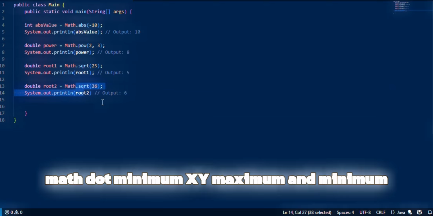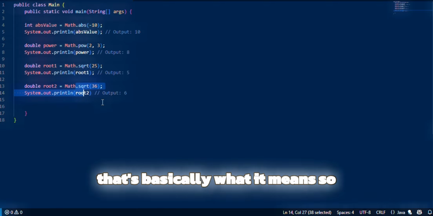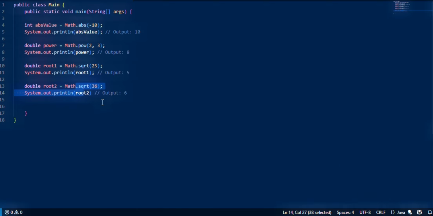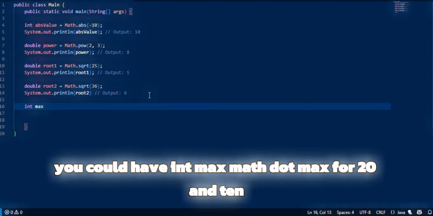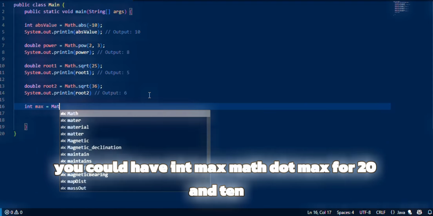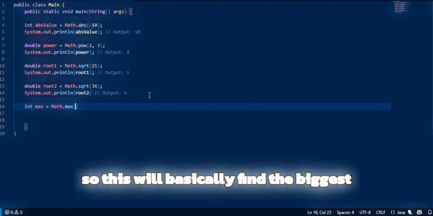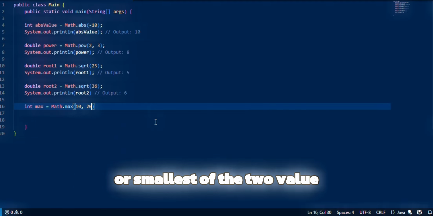Now the next example is Math.max and Math.min, maximum and minimum. That's basically what it means. We can have an example like int max equals Math.max(20, 10). This will find the biggest or smallest of the two values depending on what you write.